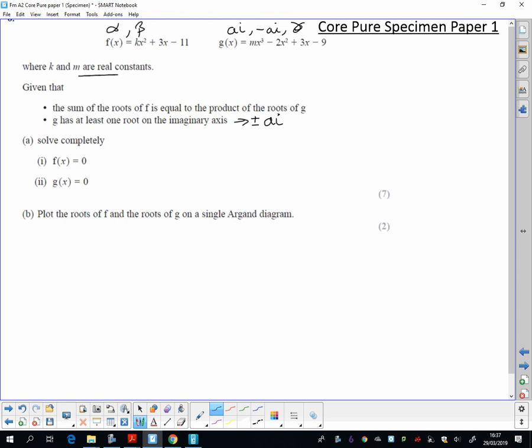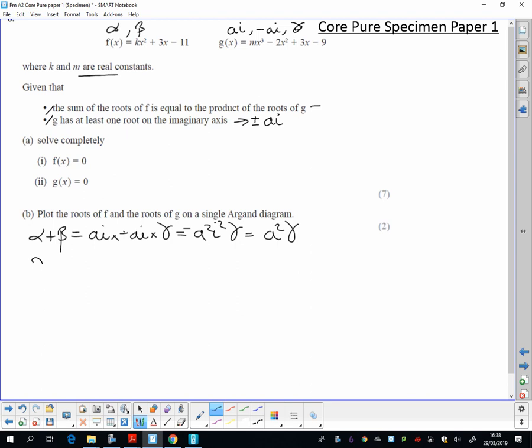Right, so now it's a case of writing down all the facts we know. We know the sum of the roots of f is equal to the sum of the roots of g. By working through that, we can get this equation here. So we've used these two bits of information. Now we're going to use what we know about roots.